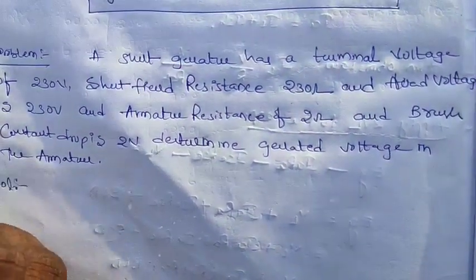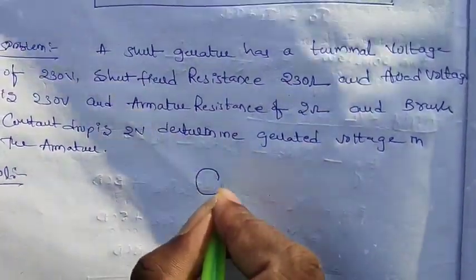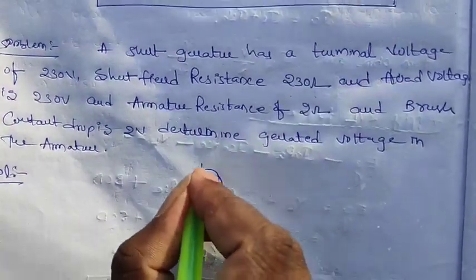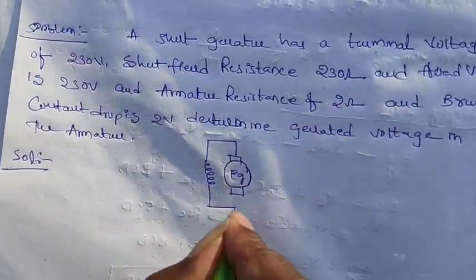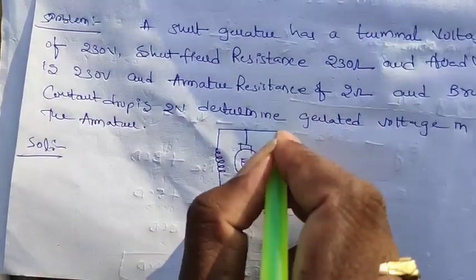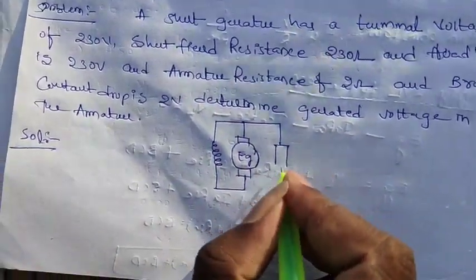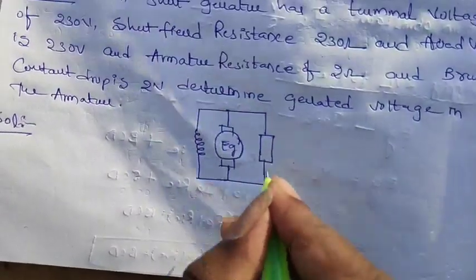So, solution. First of all, draw the generator. What is being asked in the problem? That is a shunt generator. So this is the shunt generator.